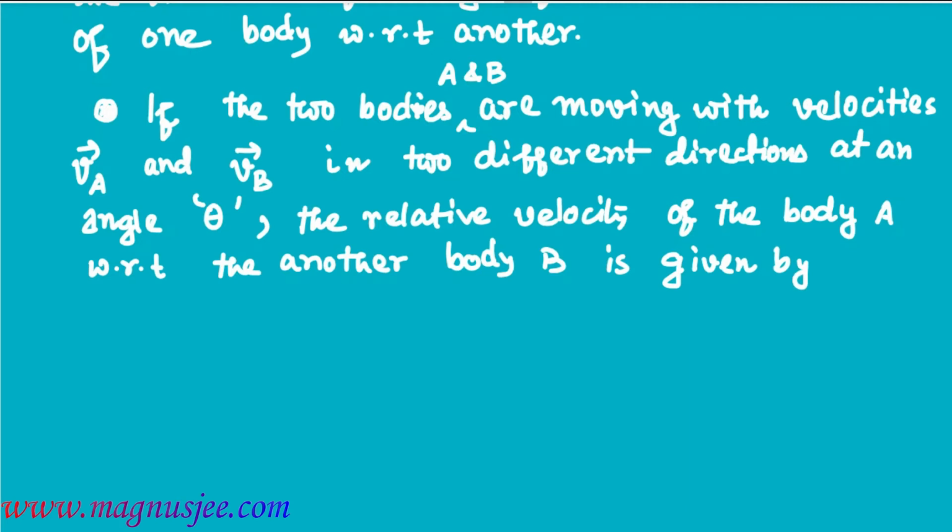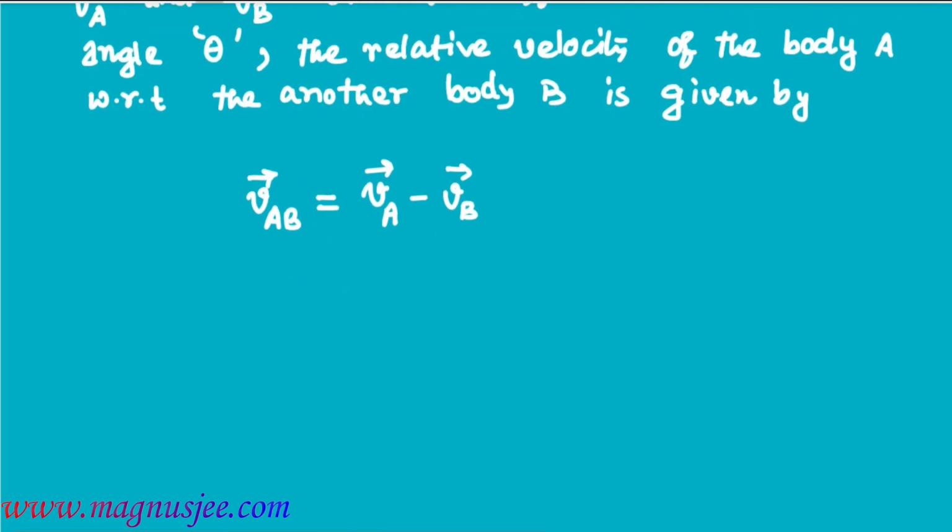vector VAB equals vector VA minus vector VB. That means relative velocity is the difference of velocity vectors of the two bodies.